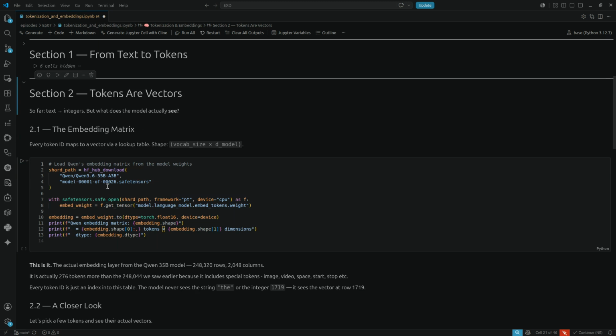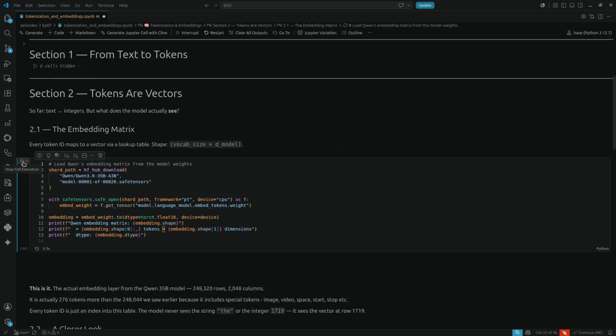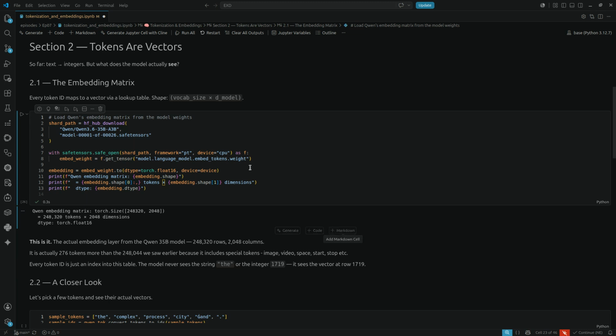So each of these tokens actually maps to a token ID. So there is an embedding matrix, and we can actually download this. In fact, it's part of the model files. It's actually a part of the model itself. And we just download this shard from Hugging Face.